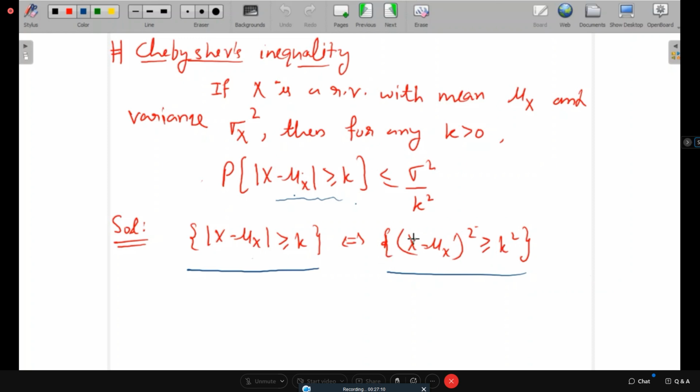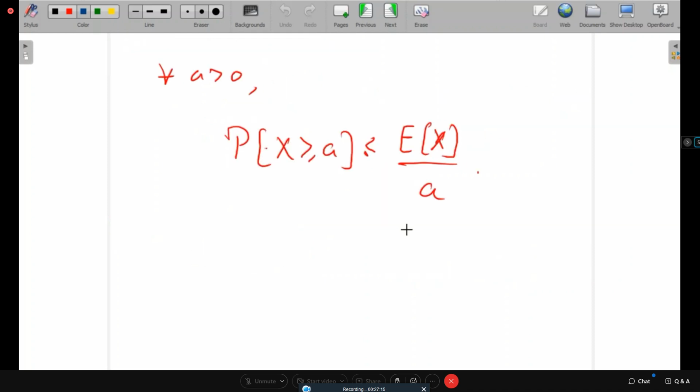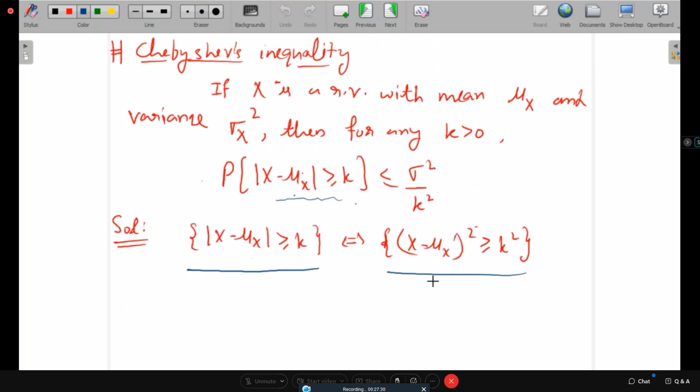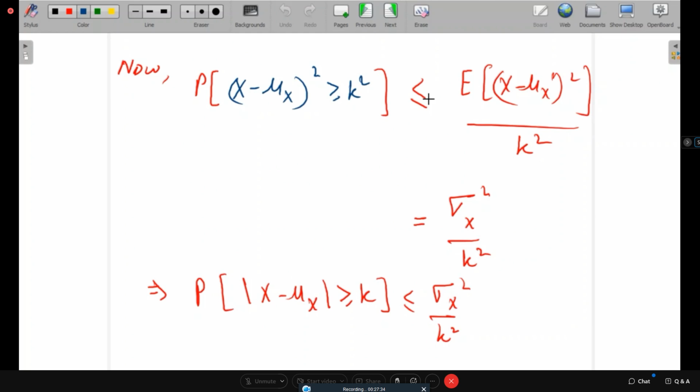So the probability that x minus mu x whole square is greater than or equal to k square is less than or equal to, by Markov's inequality for a non-negative random variable, the probability that x is greater than or equal to a is less than or equal to the mean of this random variable divided by a. So it is less than or equal to the expectation of x minus mu x whole square divided by k square.